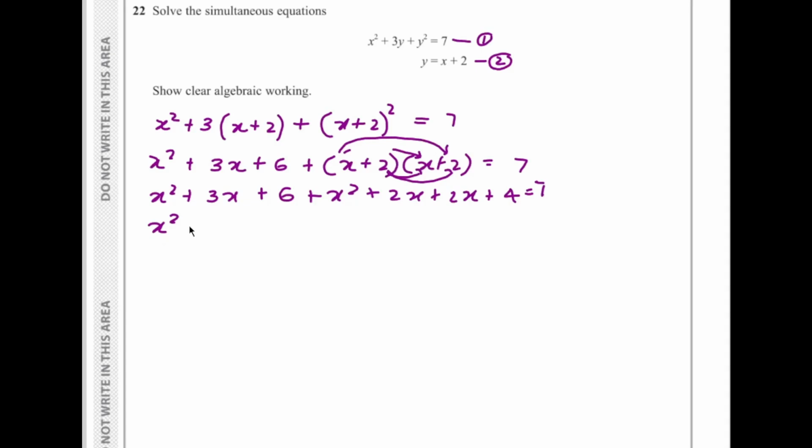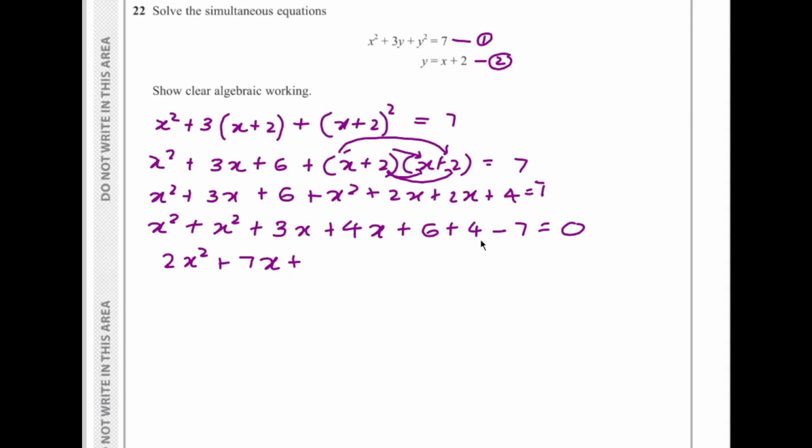Let's simplify further by collecting like terms. x squared plus x squared, plus 3x plus 2x plus 2x is 4x, plus 6 plus 4. I'm sending this 7 to this side, minus 7 equals 0. x squared plus x squared gives 2x squared. 3x plus 4x is 7x. 6 plus 4 is 10, 10 minus 7 is 3.